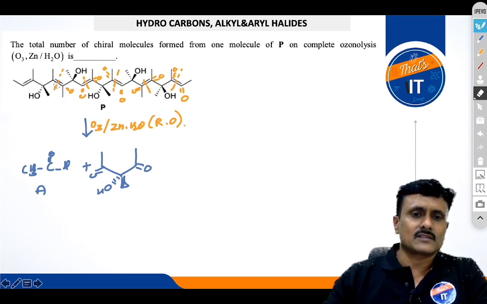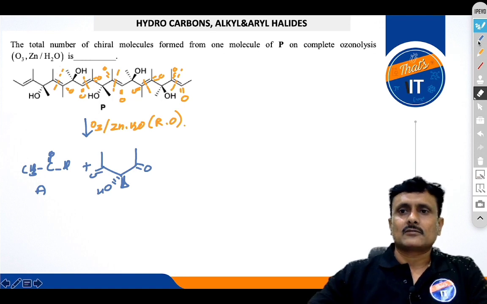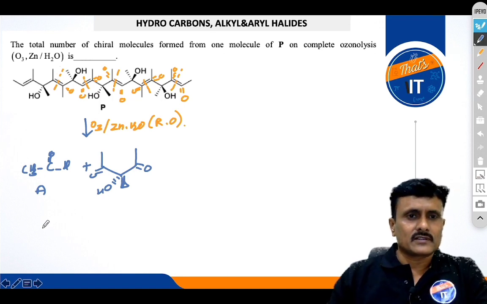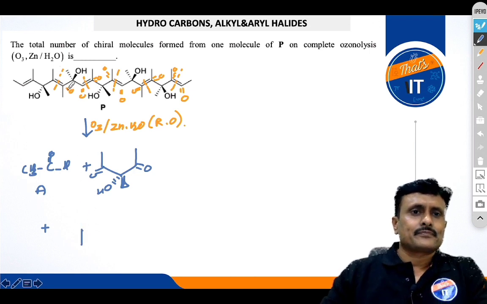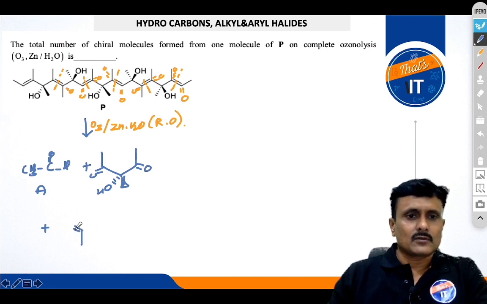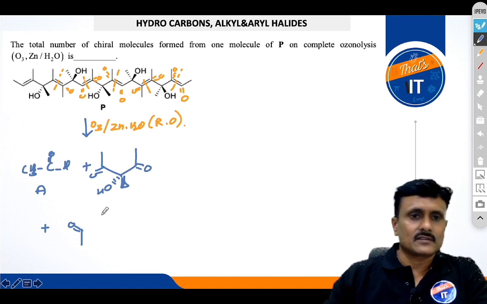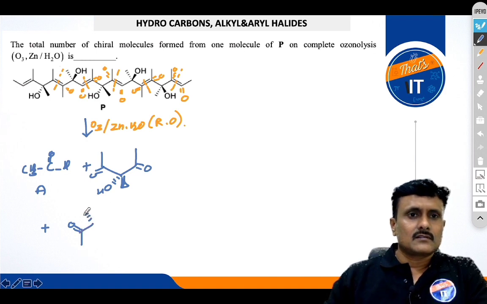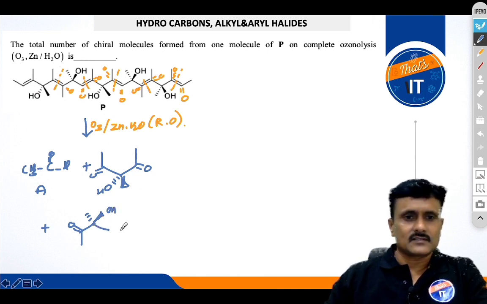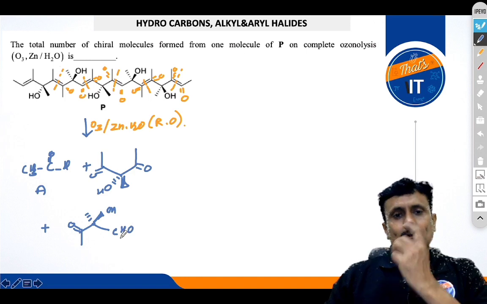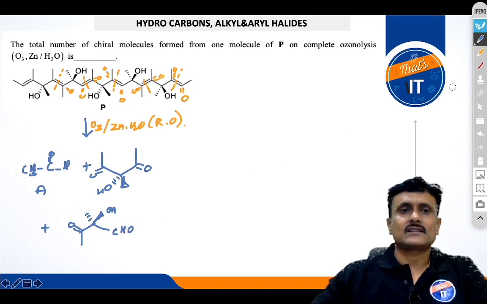Now you can see I have done this double bond, and at the other side also I am going to put a double bond. So what you are going to get here, you can see that this linkage is broken. So you got over here, you can see double bond. This I am starting from here, and there is a OH, and you can see that there is a CHO as well, isn't it? Now this part is also done.